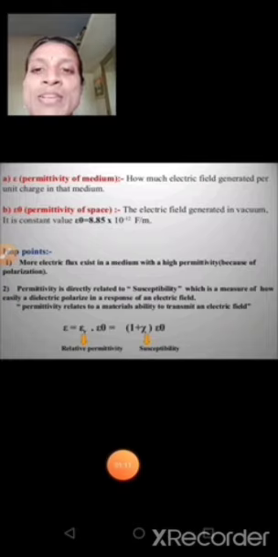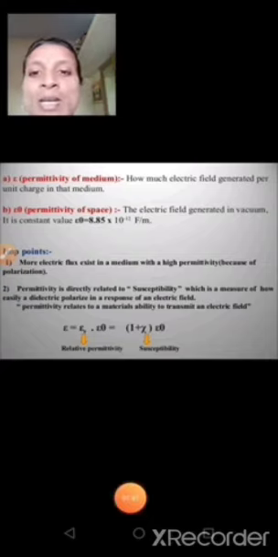How much electric field is generated per unit charge in that medium is known as permittivity. Next, the permittivity of free space is epsilon naught, 8.85 into 10 power minus 12, for the electric field generated in vacuum. The unit for epsilon naught is F by m.